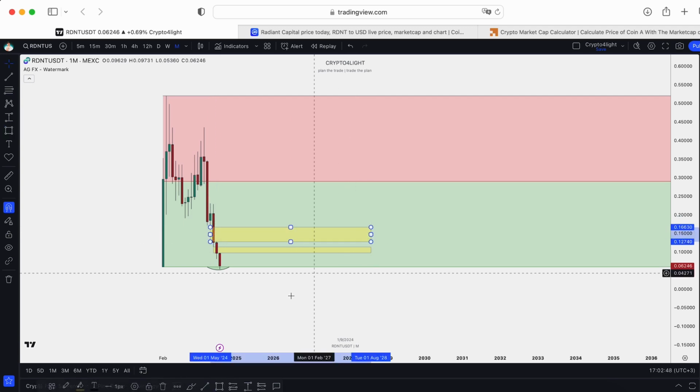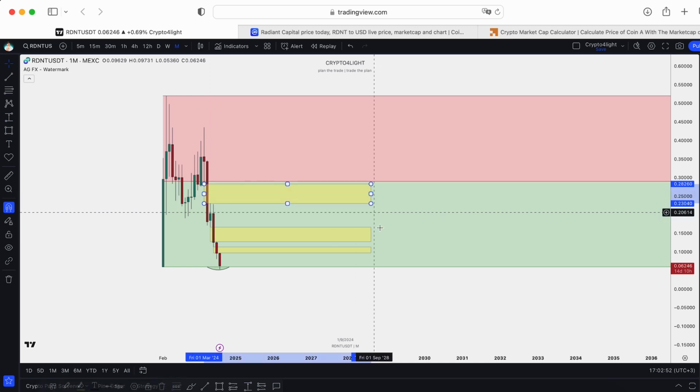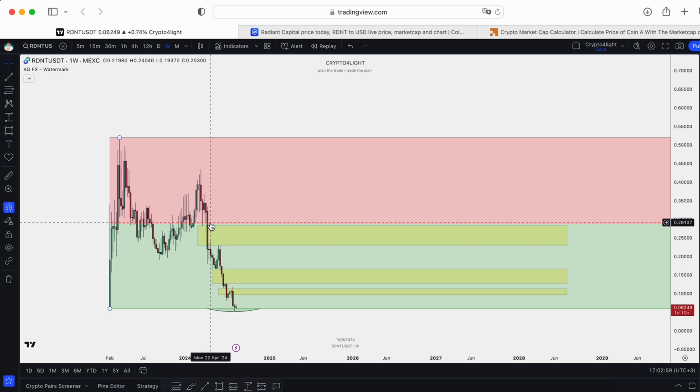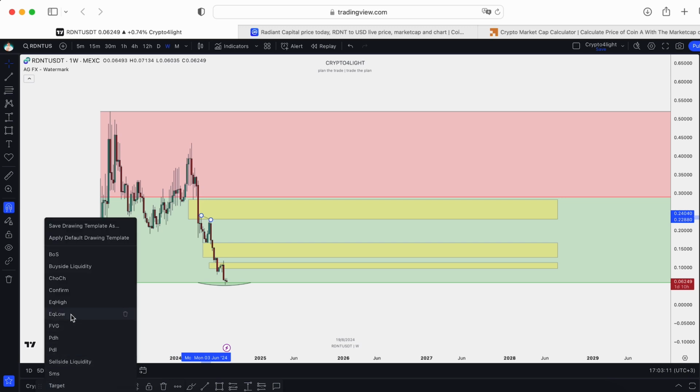So we leave a lot of monthly gaps. Why do I talk about a monthly gap? Because the higher the time frame, the stronger the zone. Inside that monthly gap we leave the weekly gap. The fill will be exactly equilibrium. In this case, this is going to be the liquidity pool, and it can be equal highs. This one, let's mark it as equal highs.